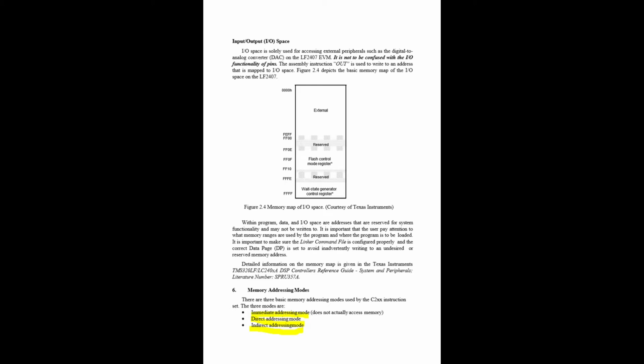For this indirect addressing mode, we use the auxiliary registers that I already explained in the architecture in the previous part of the video. Auxiliary registers AR0 to AR7 will carry the address. AR0 will consist of one memory location address and AR1 will consist of another memory location address.